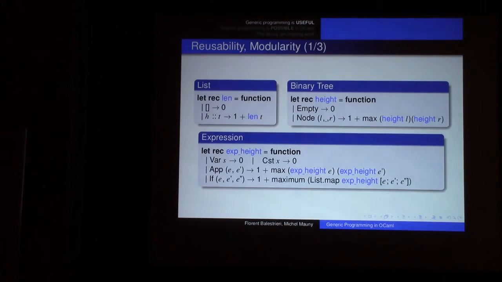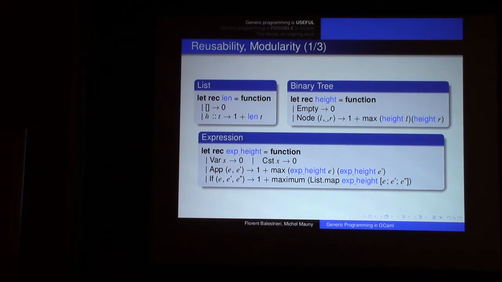I'll give you an example. Consider computing the height of a tree. This is a very, very general notion that is common to every tree type, yet we need to define a specific instance of the height function for every specific tree type.